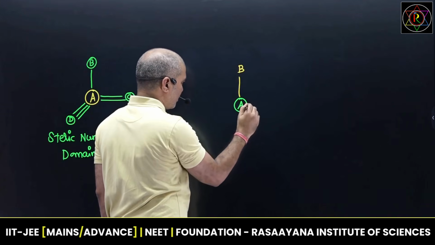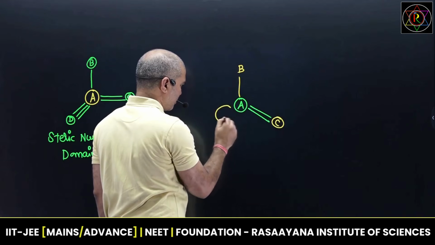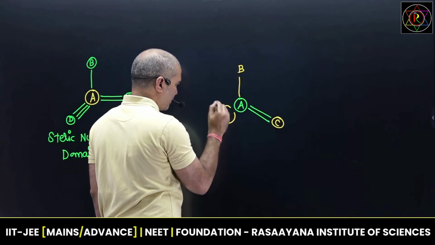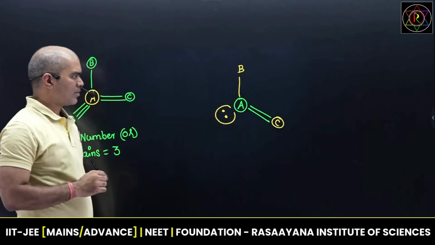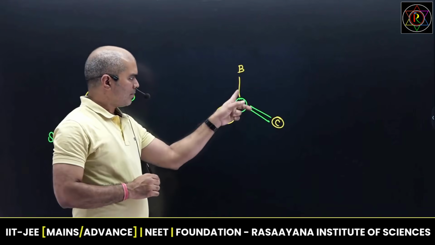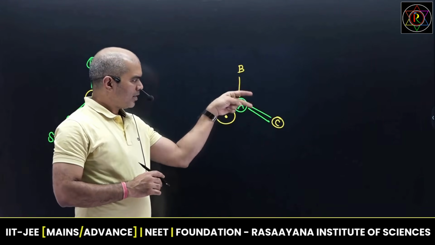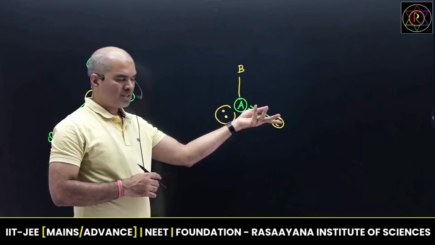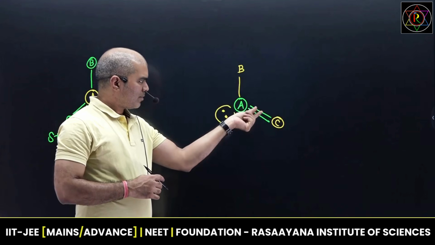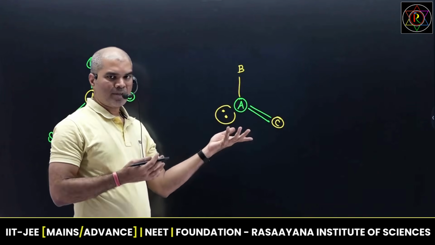Okay, maybe I'll take one more molecule. Here there is B, here there is C, and here there is a lone pair of electrons. Here we can see that there is a bond between A and B, and 2 bonds between A and C. The single bond is occupying one space, and the double bond is also occupying one space. Apart from these bonded pairs of electrons, we have a non-bonding pair of electrons, which is called a lone pair.